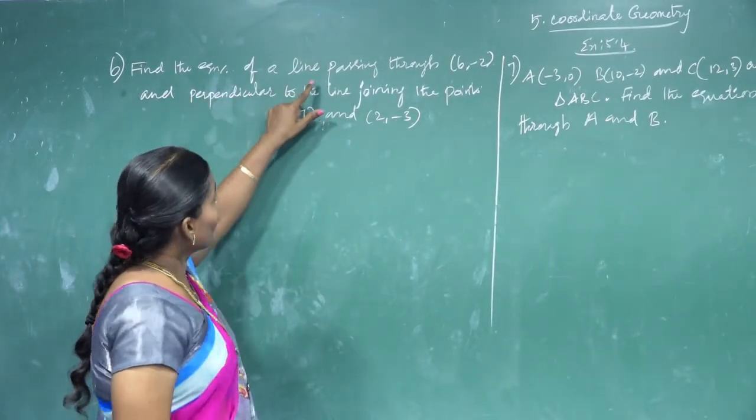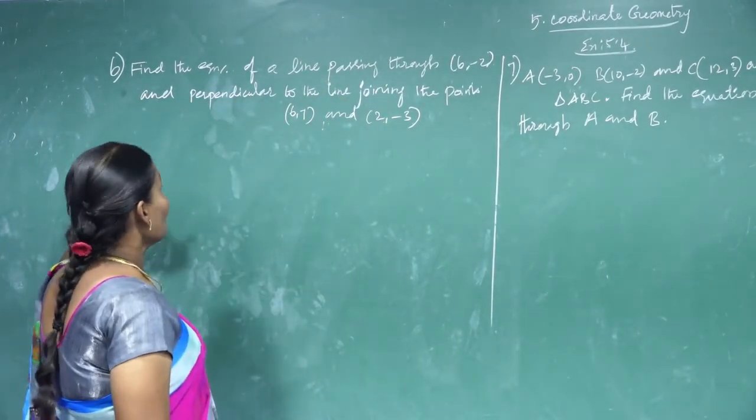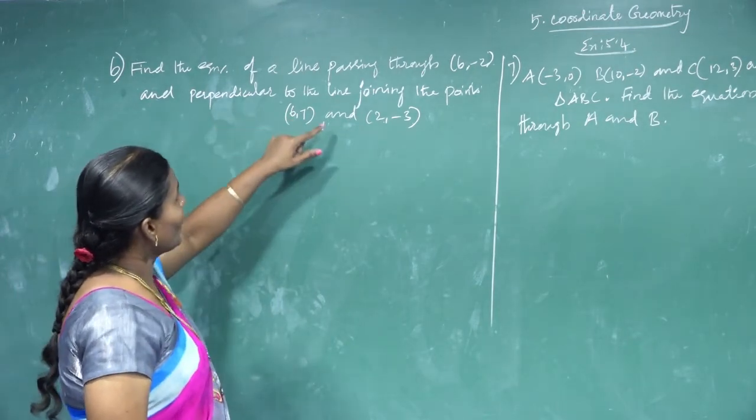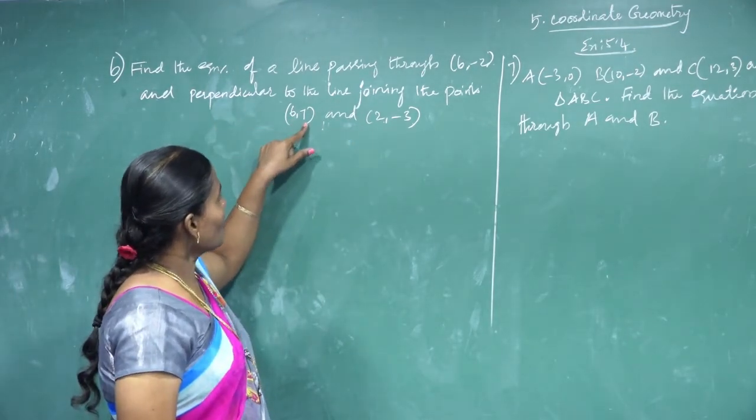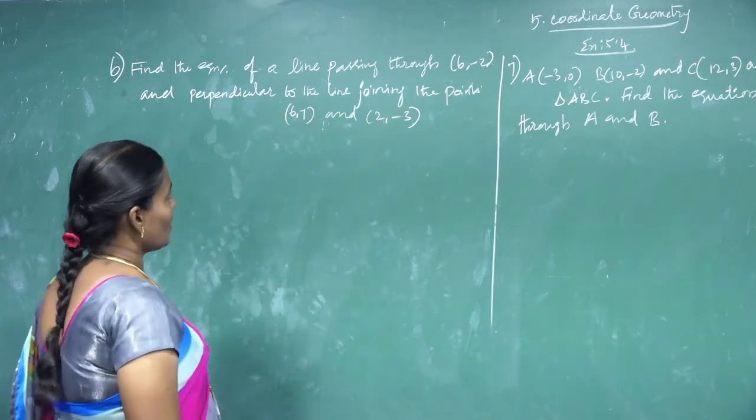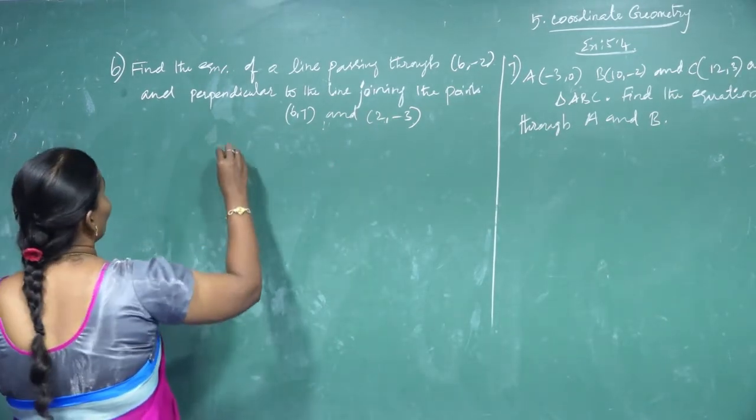Find the equation of a line passing through (6, -2) and perpendicular to the line joining the points (6, 7) and (2, -3).